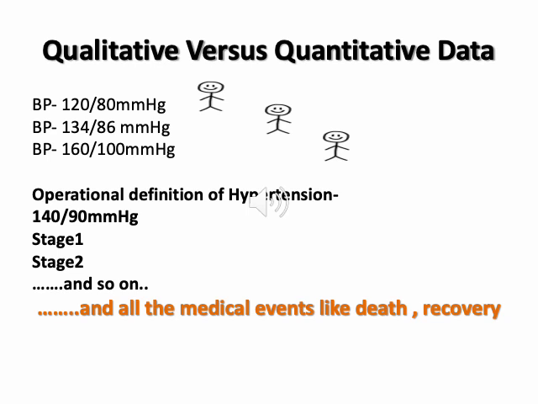Okay, now if I classify those persons, suppose we have an operational definition of hypertension as 120 to 140 by 90. It is a crude definition, and then I say there are two persons, one in stage 1 and another in stage 2.